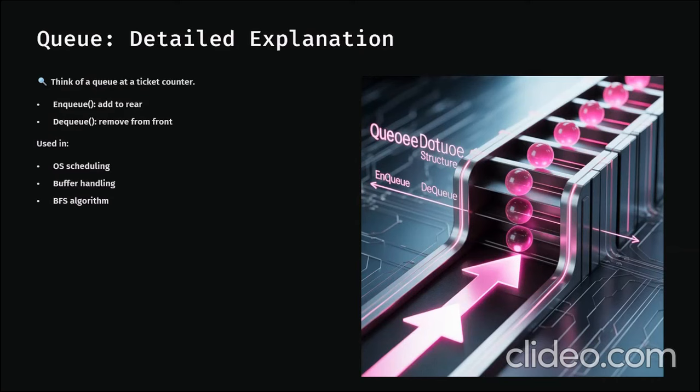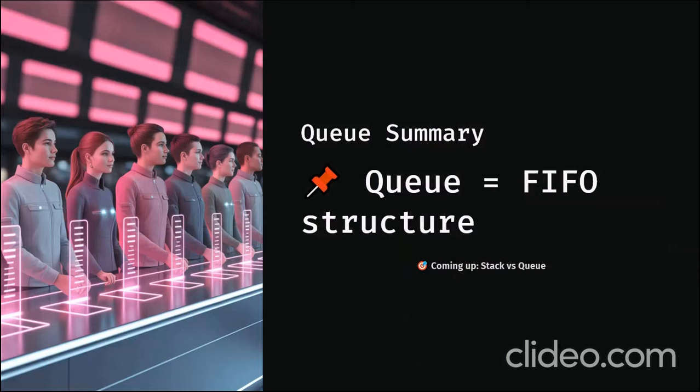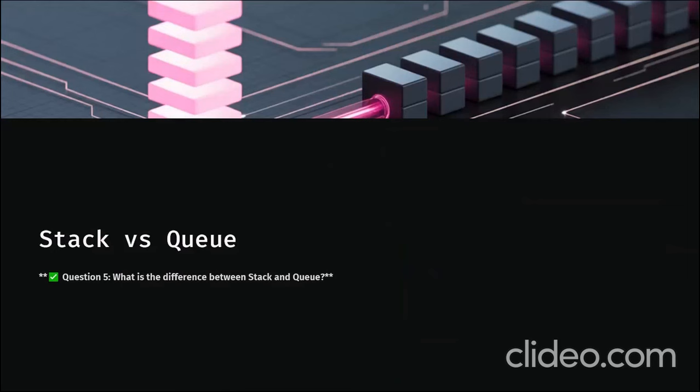The enqueue function is used to add at the rear, and the dequeue function is used to remove from the front. It is mostly used in operating system scheduling, buffer handling, and breadth-first search algorithm. So for queue, you can mention the FIFO structure.